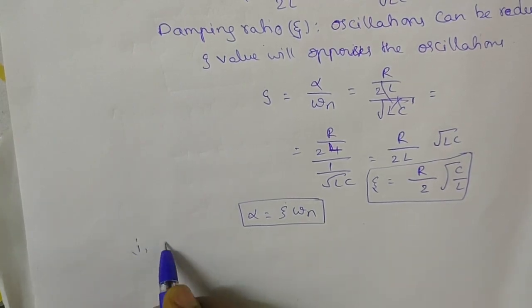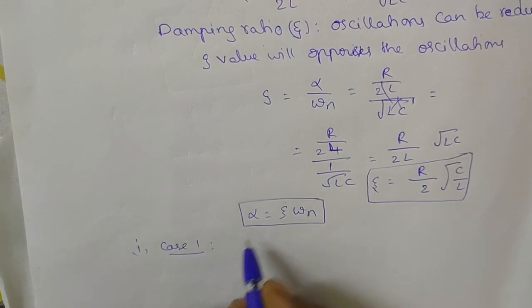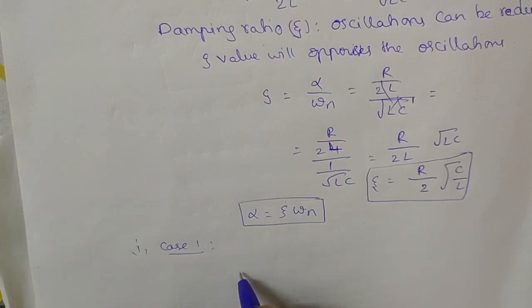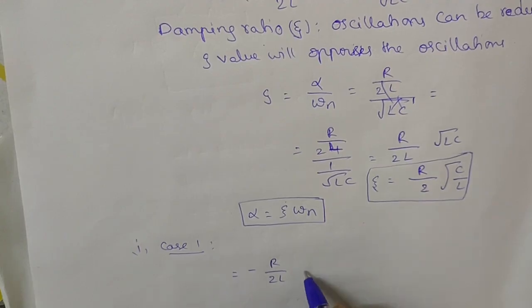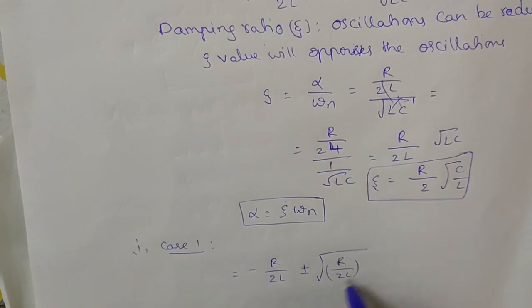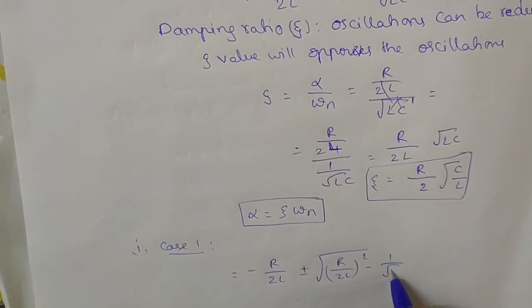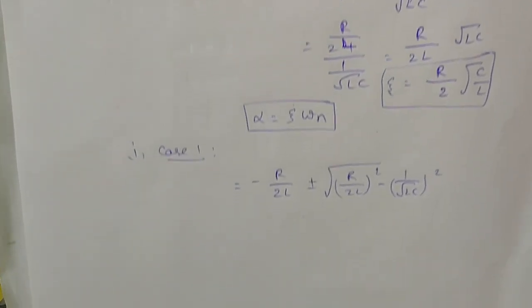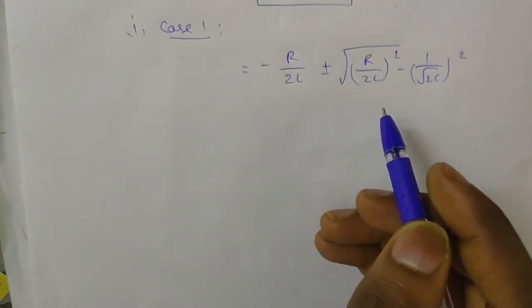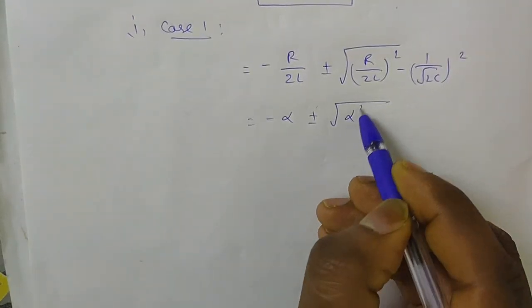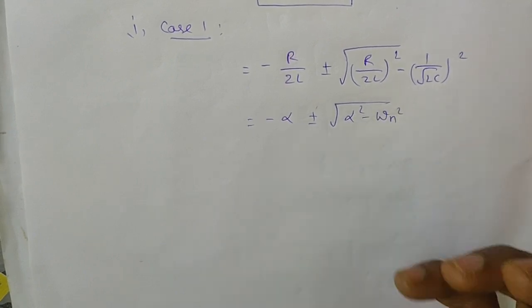Case 1: our roots are minus R by 2L plus or minus under root of R by 2L whole square minus 1 by root LC whole square. This one we can write as minus alpha plus or minus under root of alpha square minus omega n square.